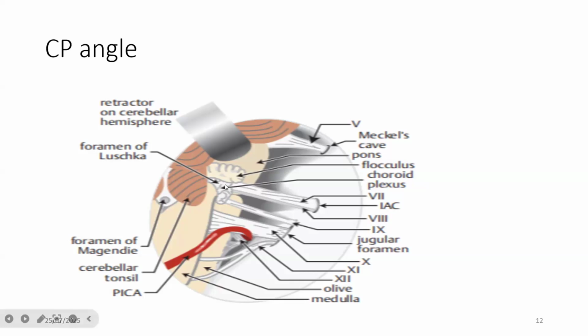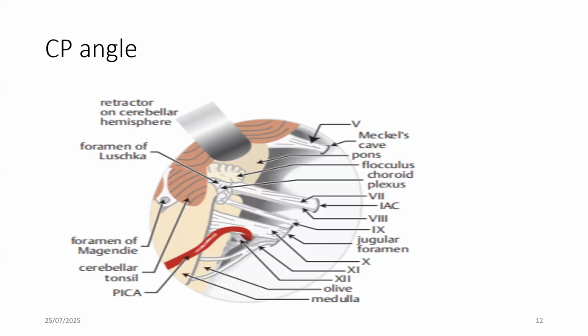As you can see, this is for cranial nerve 7 and cranial nerve 8, as they exit through the internal auditory canal. And this is cranial nerve 9, 10, and 11, as all of them exit through the jugular foramen. And this is cranial nerve 5, as it exits through Meckel's cave into the middle cranial fossa.